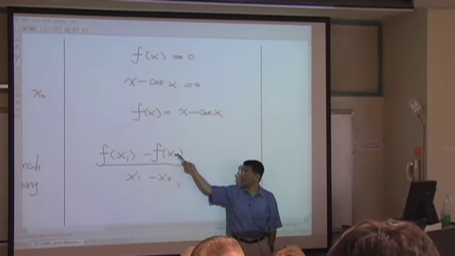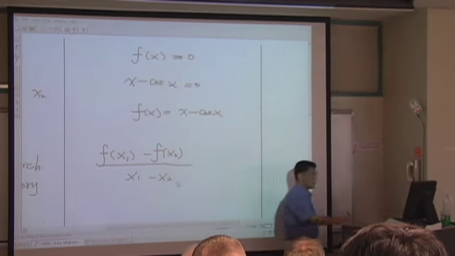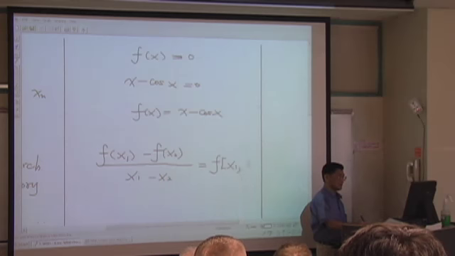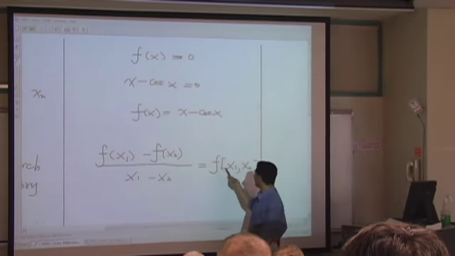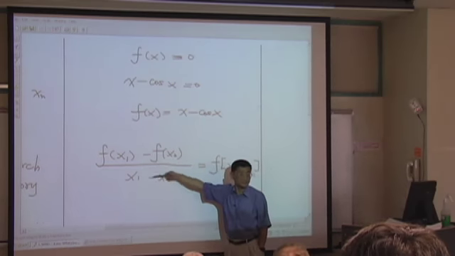But it's very inconvenient to write these things over and over again, so they developed the notation doing this. So this is the notation. Once you see the notation, it's nothing but the divided difference.